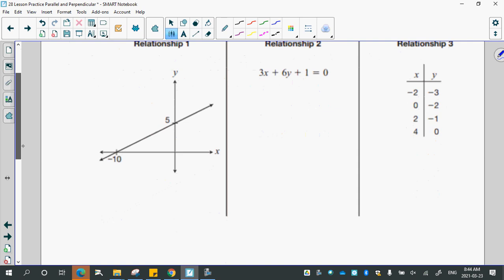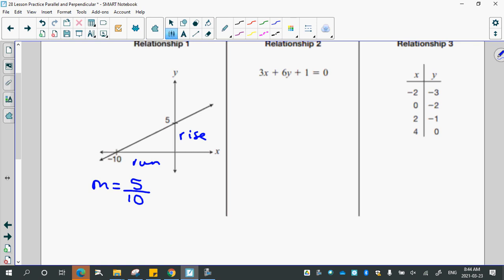Okay, so for the first one, if I'm only interested in the rate of change, I would do rise over run. You guys good with that? It's positive sloping. The rise is 5. The run is 10. Correct? Why is the run not negative 10? It's rising, and if you put a negative, it's always with the rise, right?